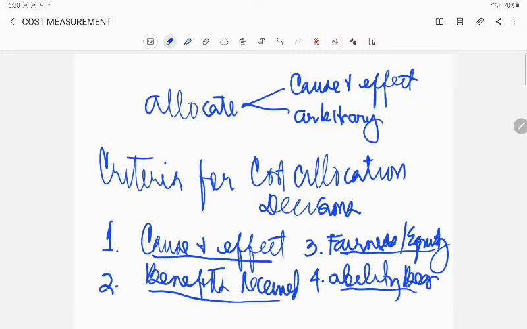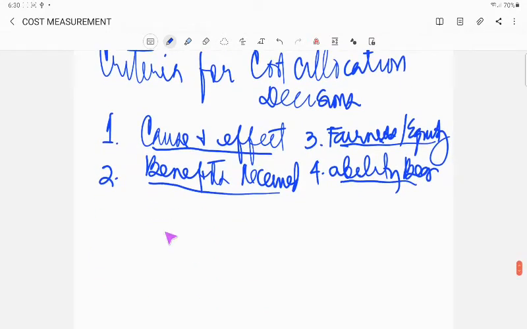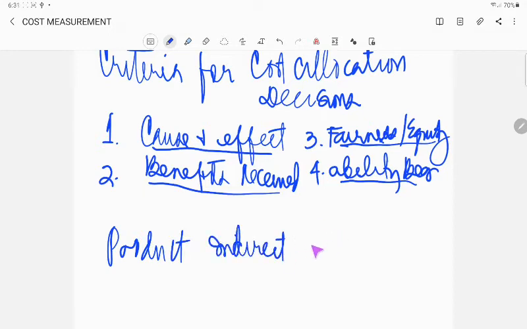At anong mga cost ang madalas na ina-allocate? Ay di indirect. O gaano kadami ba yung indirect mo? Siyempre, pag sa product cost, ang indirect mo class ay ano? You have factory overhead. Meron din namang indirect labor na kasama sa factory overhead. Meron din namang indirect materials na kasama sa factory overhead.